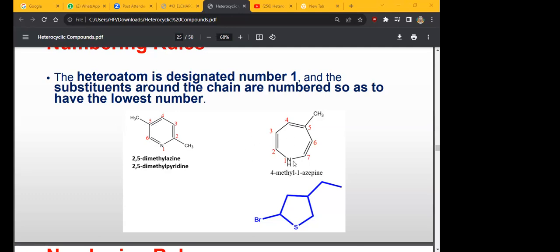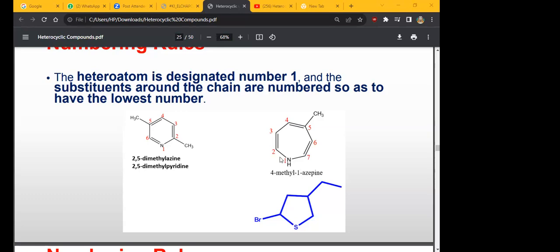Similar with this 7-membered ring here, we start where the heteroatom is, 1, 2, 3, 4, 5, 6, 7, and then 1, 2, 3, 4. So I don't think this is 4-methyl. 1-azepine, should be 5. For that one, no, you should count counterclockwise, not anti-clockwise.